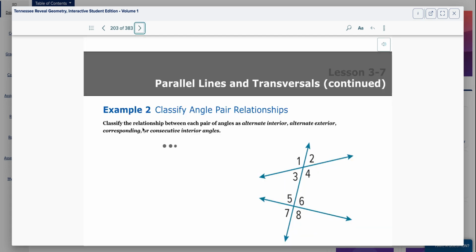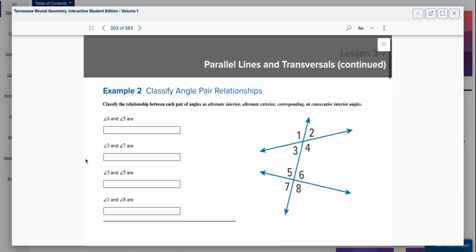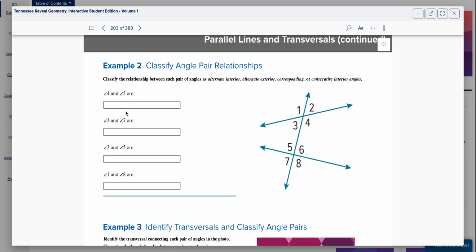Now let's move on. All right, example number 2. It looks like we are about to classify the relationship between these. All right, so let's break this down to make it easy for your students. Okay, 4 and 5. First off, there's 4 and 5. And I want you guys to realize they are interior angles. They are between the two lines that the transversal intersects. So far, they're interior angles.